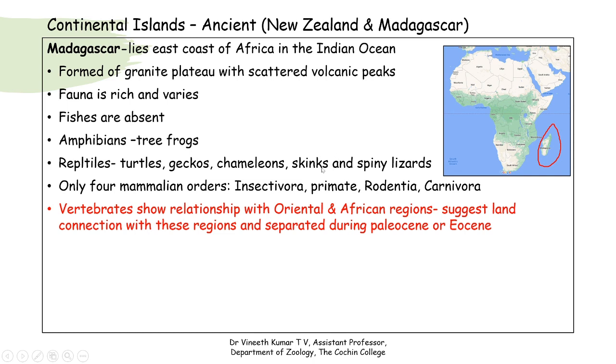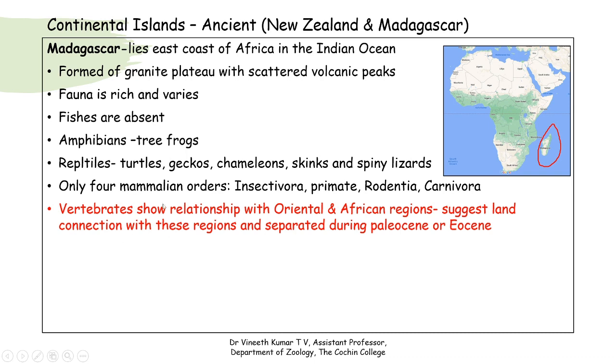Skinks belong to a family similar to the family called Mabuya, and spiny lizards. Only four mammalian orders are represented: insectivora, primates, rodentia, and carnivora.